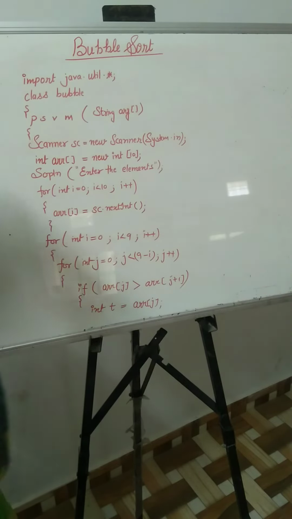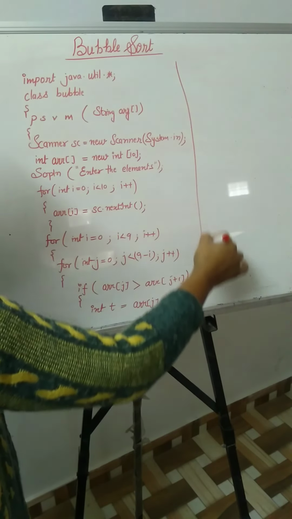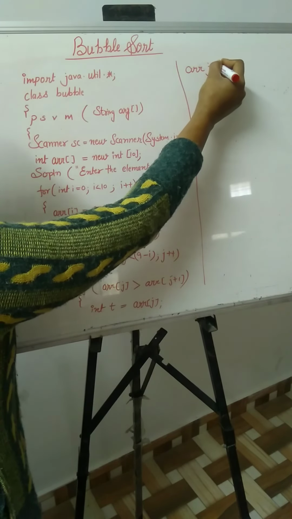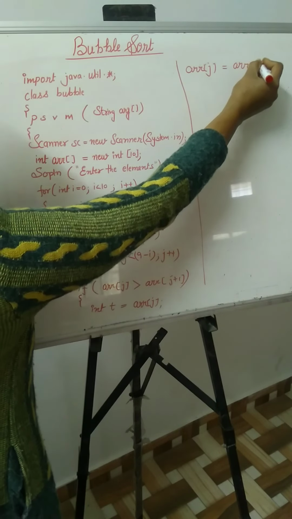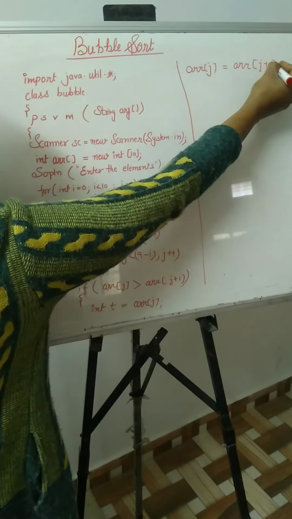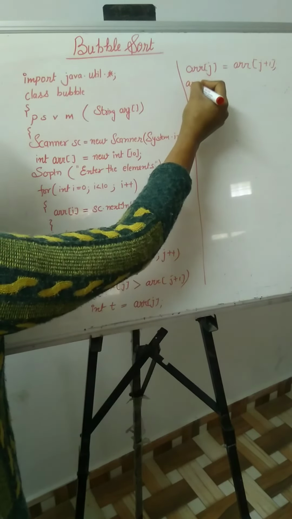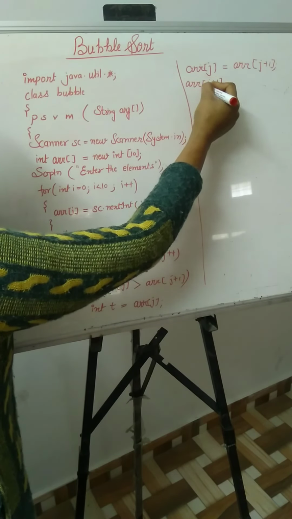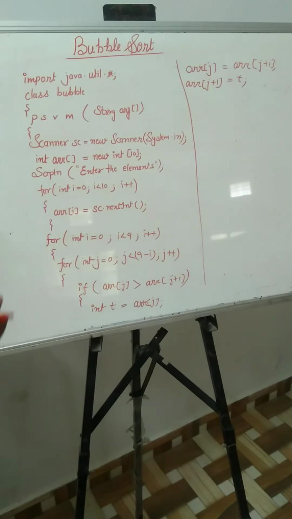Array of j is equals to array of j plus 1, and array of j plus 1 is equals to t. Simple swapping logic.